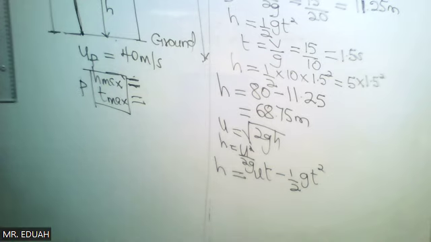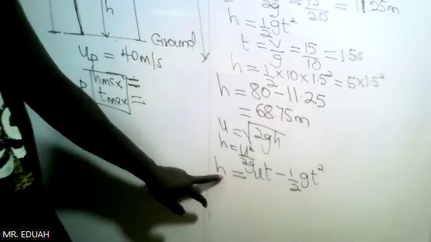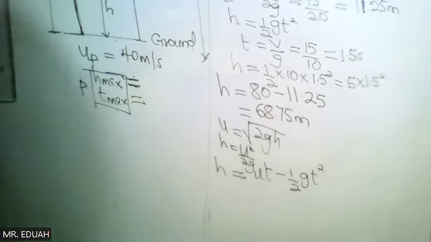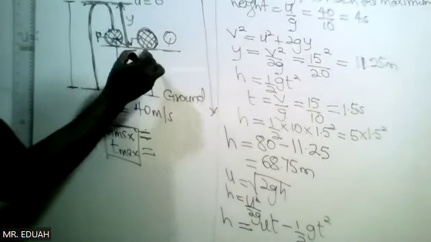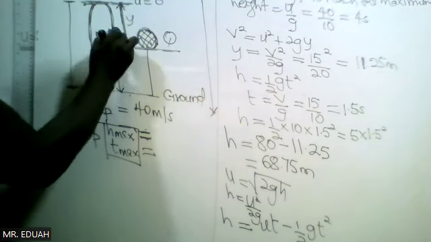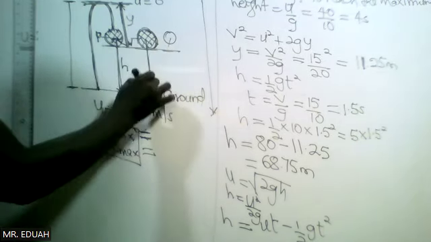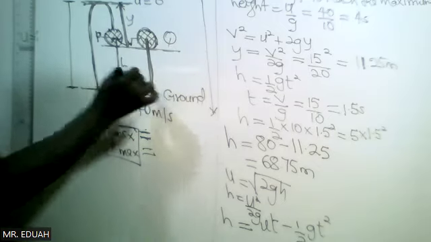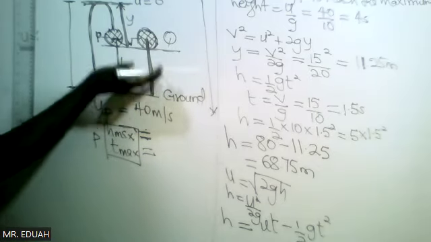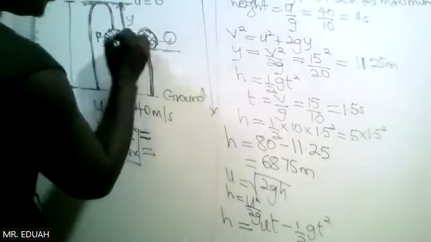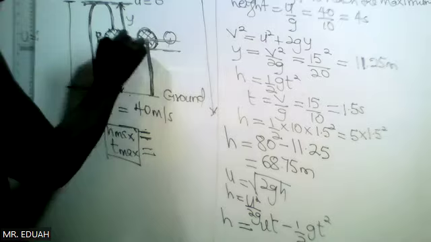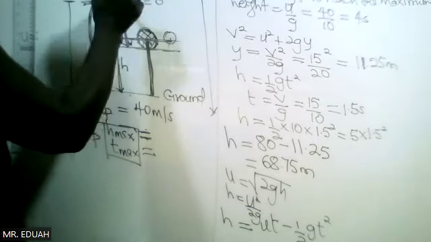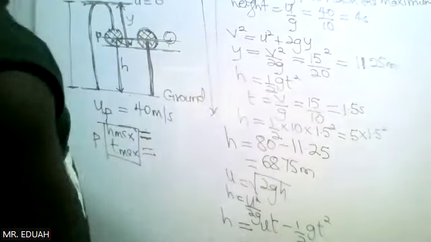Okay, now you calculated 4. Do we have h? Yes. We have found the height where the two bodies cross each other, h. This is the height from the ground where they would cross. Then the time where the two bodies would cross will be 1.5, which we calculated here.